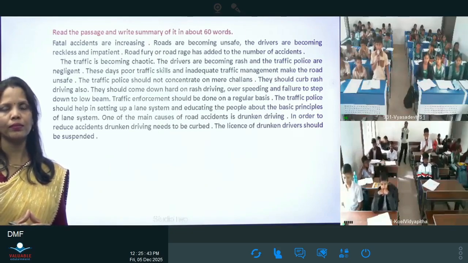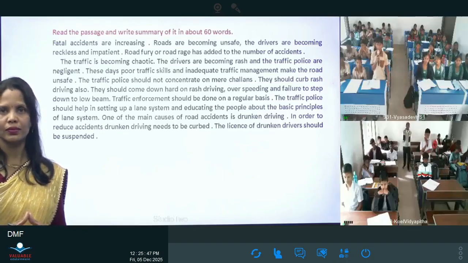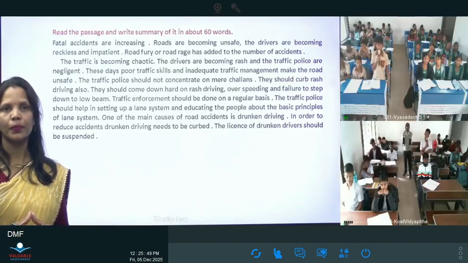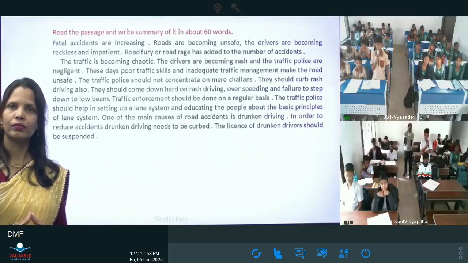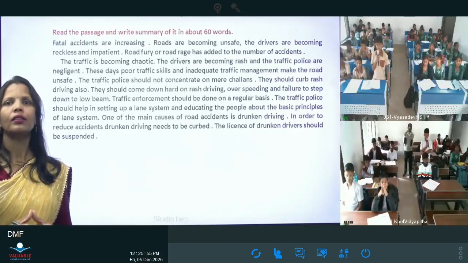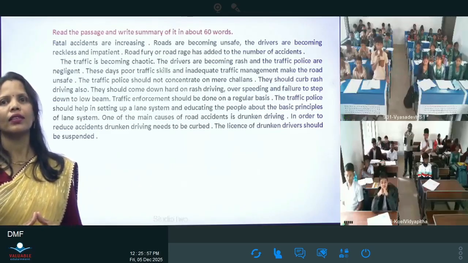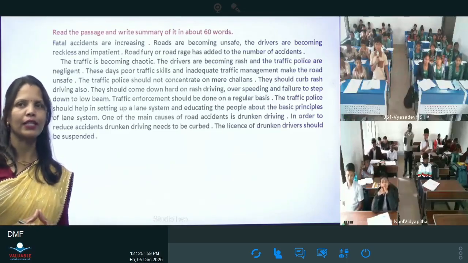One of the main causes of road accidents is drunken driving. In order to reduce accidents, drunken driving needs to be curbed. The license of drunken drivers should be suspended. Yes, good, very good.